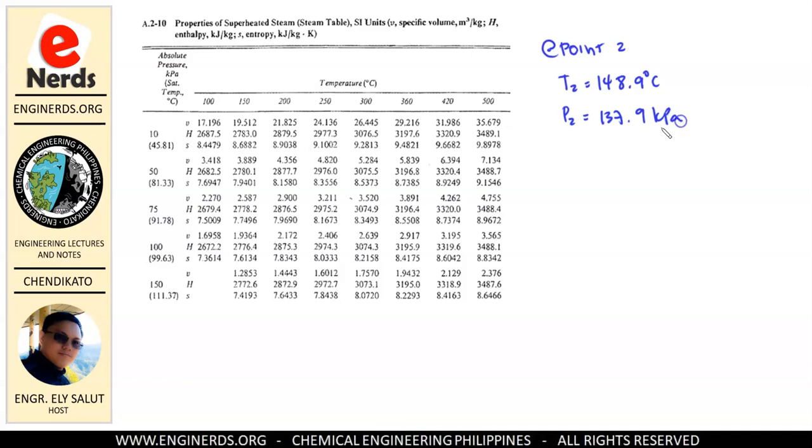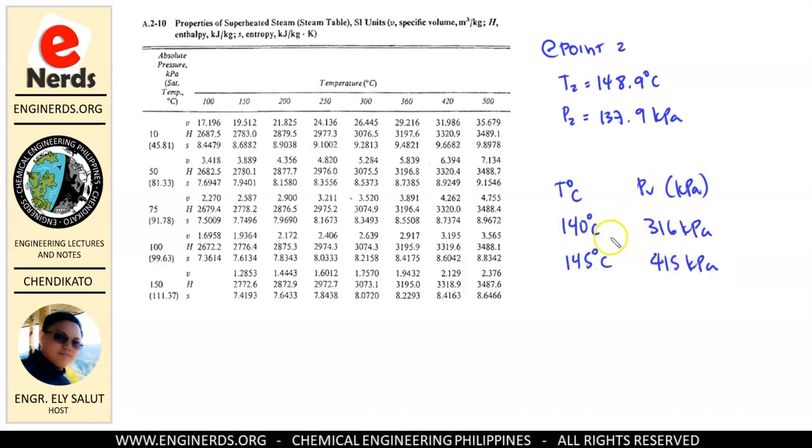And our pressure 2, which is equal to 137.9 kilopascal. Okay? Now, if we are going to check our steam table for saturated water, you will see that in our temperature in degrees Celsius, we have 140 degrees Celsius and 145 degrees Celsius. And our vapor pressure, in 140 degrees Celsius, we have 316 kilopascal. And in 145 degrees Celsius, we have 415 kilopascal.